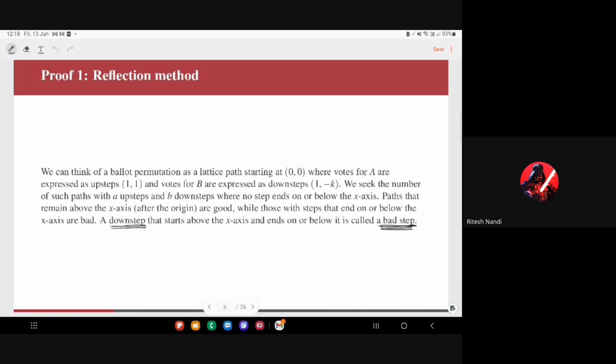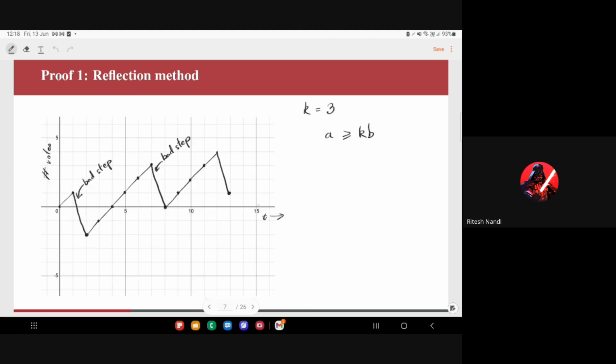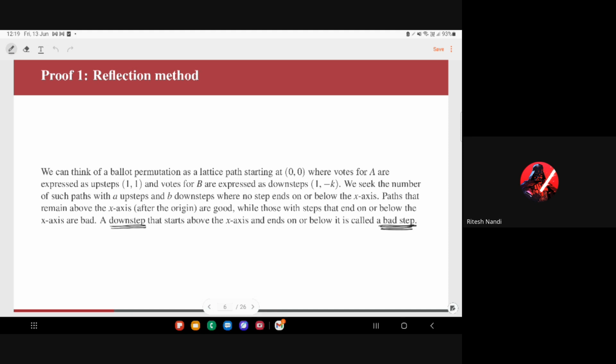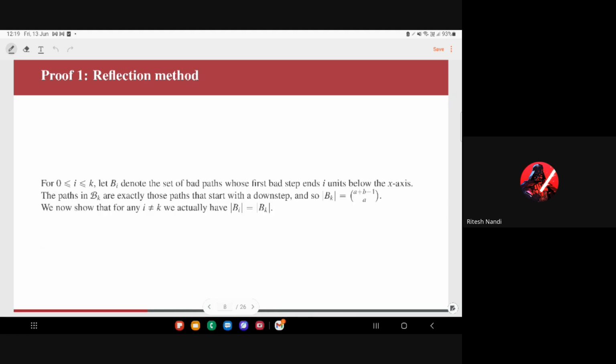Now, to count the number of ways where the graph stays above the x-axis till the number of voters A plus B is finished, say the total number of votes is 15, then we count till here, and this can stay above or below, as is the values of A and B. We divide the number of cases as follows. Let B_i denote the set of bad paths.